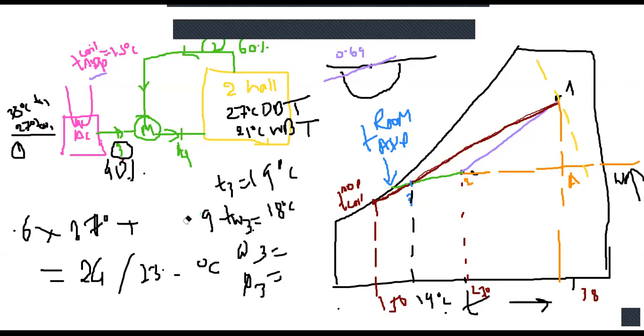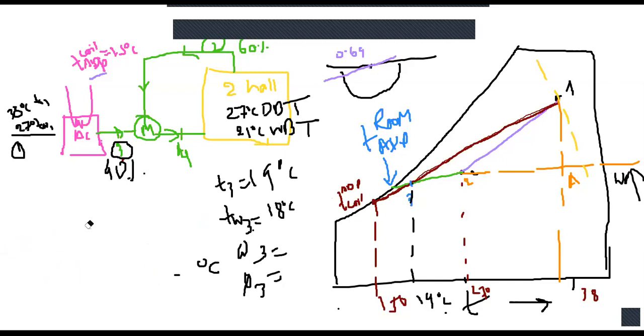Okay, now in our numerical, point 2, condition of air entering the room, that is point 4. Point 4 is the supply point. Point 4, how do we get point 4?